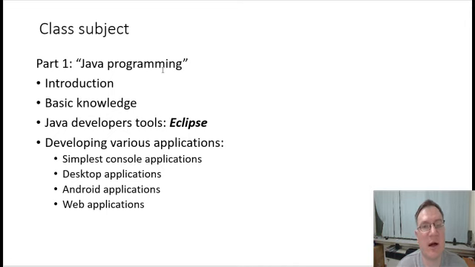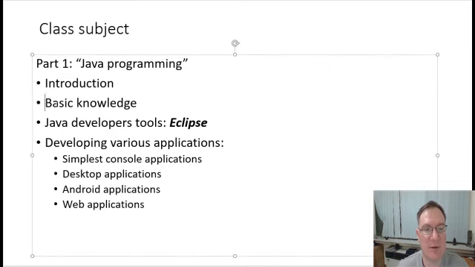We will discuss how Java was developed in the beginning, and how it changed and has been implemented in many different aspects of modern life nowadays. That will be done through the basic knowledge of Java.